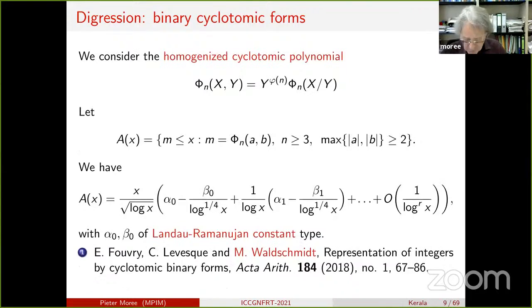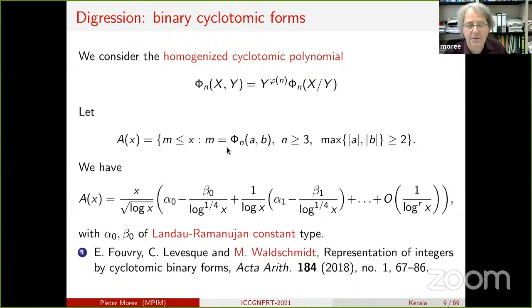Now I make a very small digression, because I want to say something, of course, of the work of Michel. So I alluded to us meeting in Rome, and there he gave a talk, and it was about integers that can be represented by a homogenized cyclotomic polynomial. So this is the n-th cyclotomic polynomial, and you just make it to be in two variables x and y.